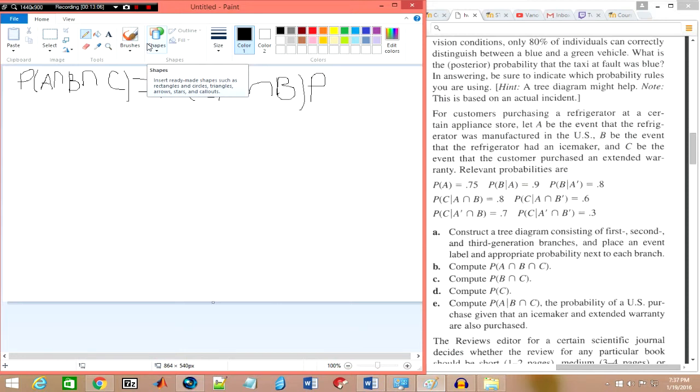Compute the probability of A intersect B intersect C. Well, I can get the probability of B. Does that help me any? I don't know what to do.